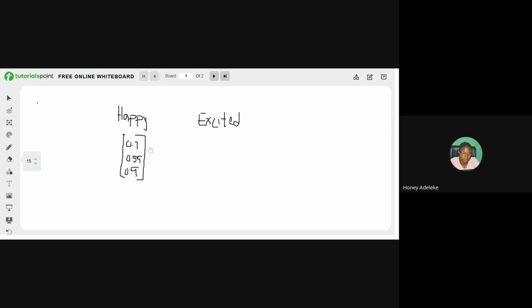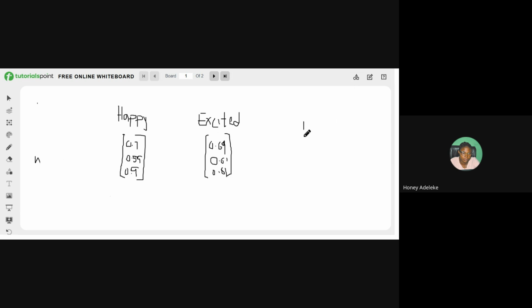Excited will also have, based on your trained model, a numerical representation very close to happy. So you might have something like 0.69, if this is 0.7, maybe 0.61, maybe 0.87. Something very close.